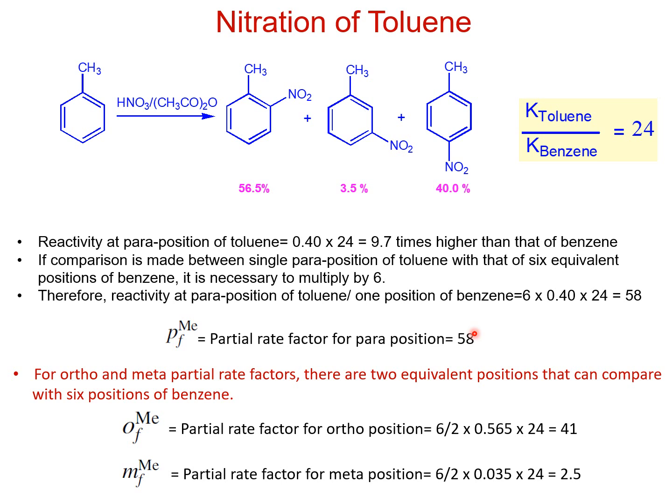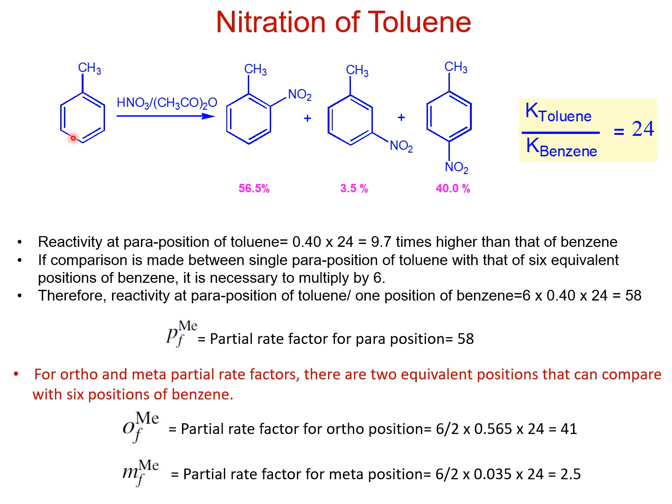The partial rate factor for para position, thus we have calculated as 58. For ortho and meta partial rate factor, we have to do similar calculation. However, in toluene we have two ortho positions and two meta positions.